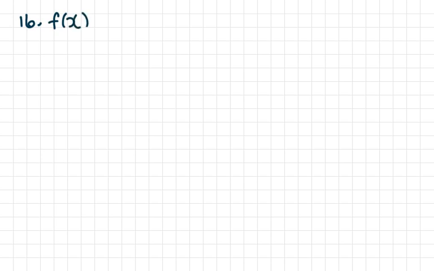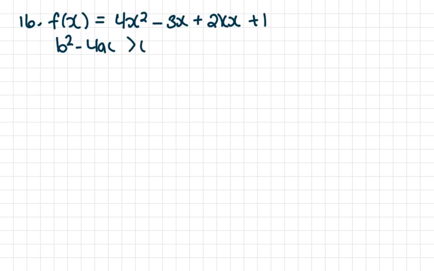So f of x equals 4x squared minus 3x plus 2kx plus 1, and b squared minus 4ac has to be greater than 0 because it has to be positive in order for it to have two zeros.